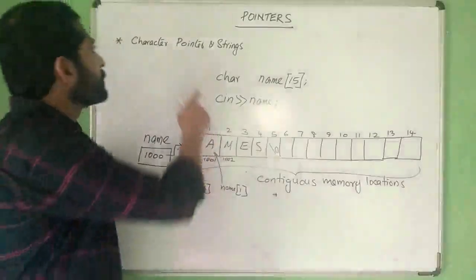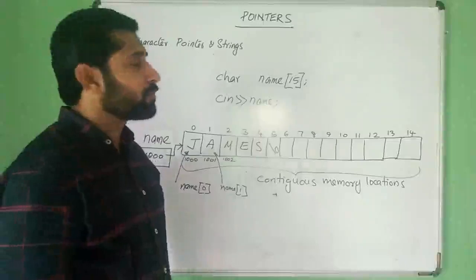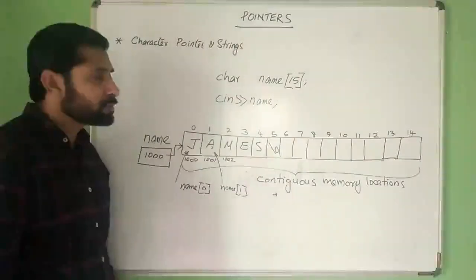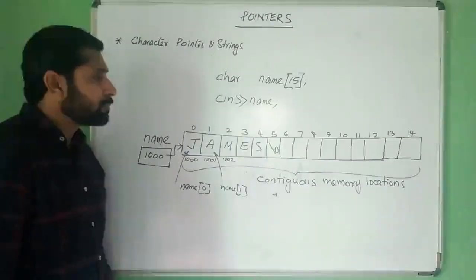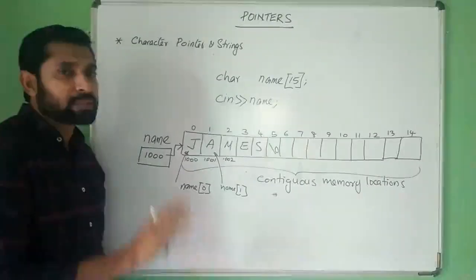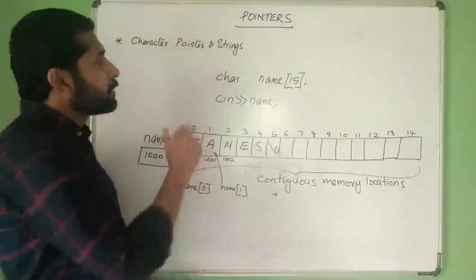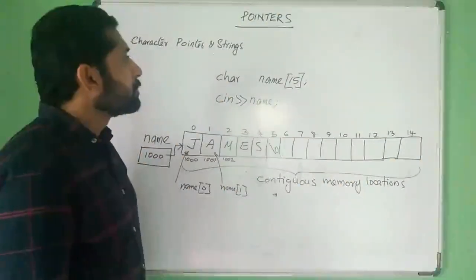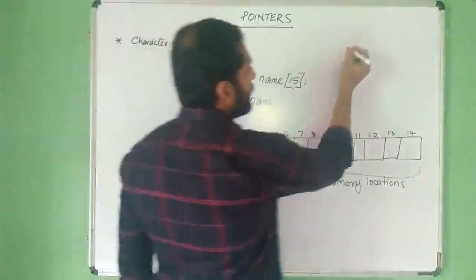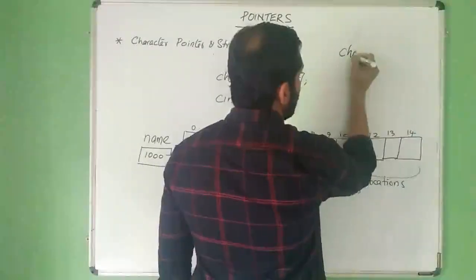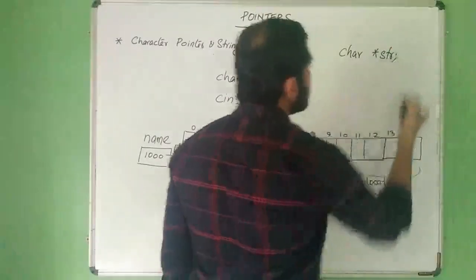So if we use a character pointer for handling strings, we can overcome these limitations. How will we make use of a character pointer? We can create a character pointer like this: char star str.